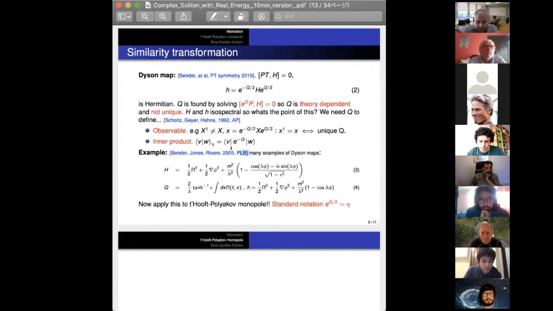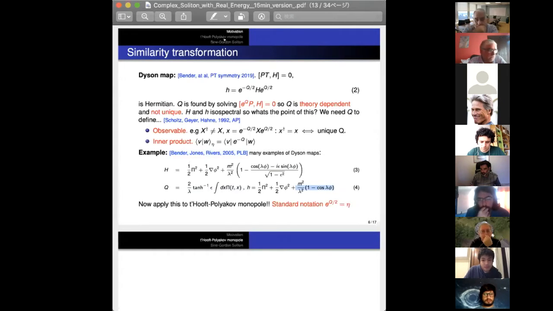Here's an example. I've taken this example from this paper, but basically this is a Sine-Gordon theory with an extra complex term, and they use this Dyson map to show that this is isospectral to the usual Sine-Gordon theory.